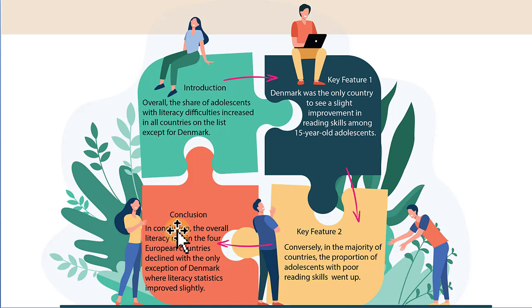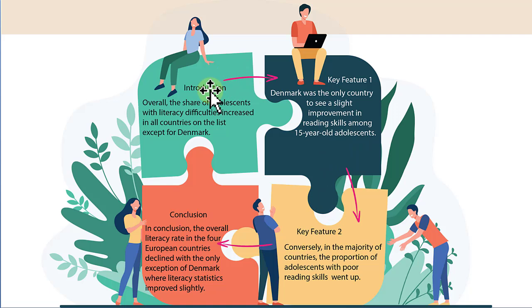In a graph description, the conclusion is actually optional as long as you clearly mention key features in the introduction or at least in the body paragraphs, and develop them properly.